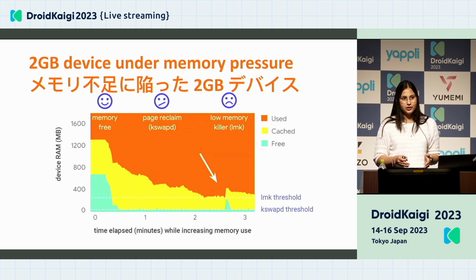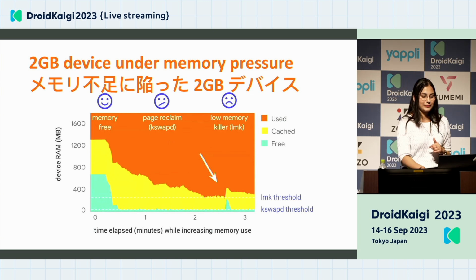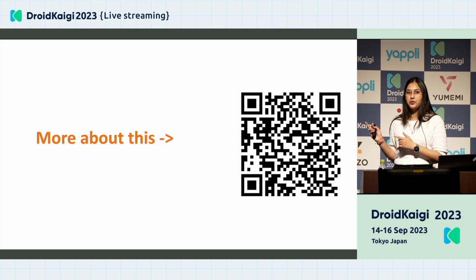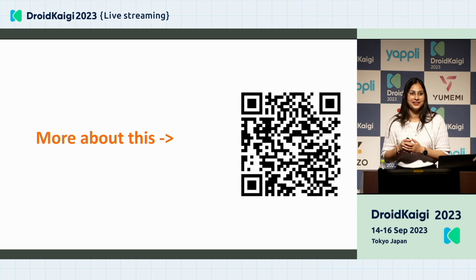Now just imagine if it kills the process which the user is using. It will not be a state we would like to be in. So this is literally a bad state to be in. If you want more details about the process selection, it could be found here.